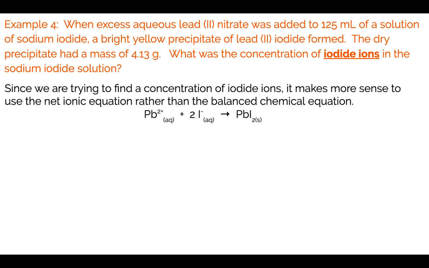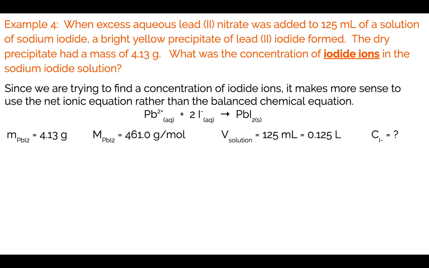In this case, the precipitate was the lead(II) iodide. So the reaction that actually happened was the lead ions from the lead(II) nitrate and the iodide ions from the sodium iodide reacted to make the lead(II) iodide. So we're going to use that instead of the balanced chemical equation.